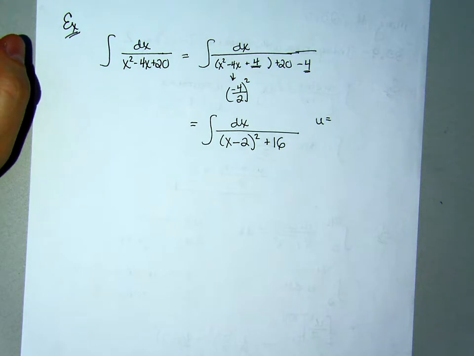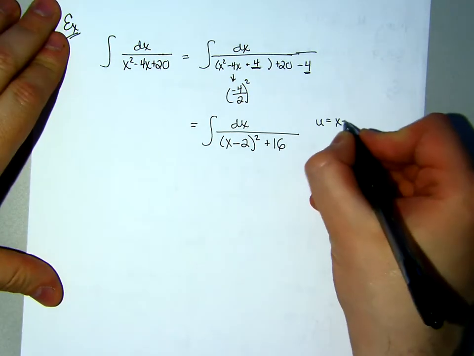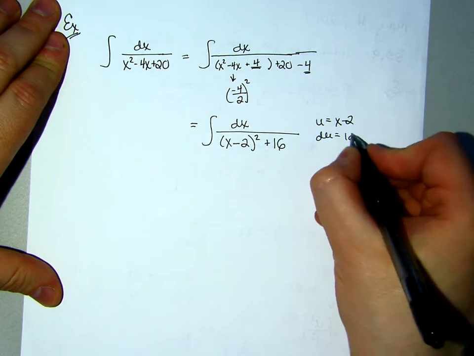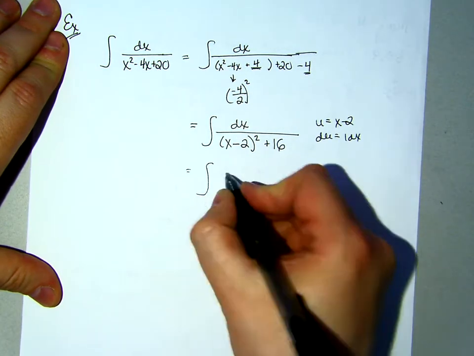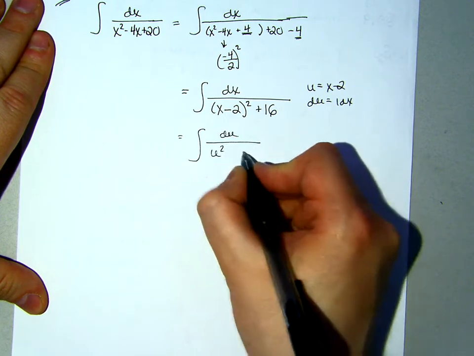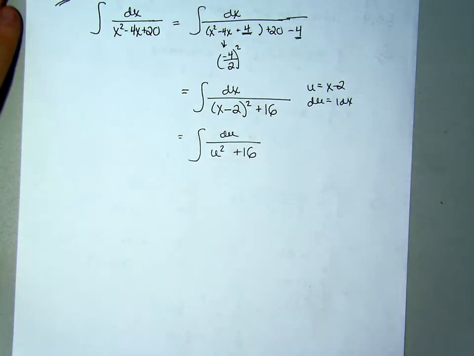Emily, what's your u? Of course, it's the variable thing that we're squaring. du? 1 dx. We can write this problem as the integral of du over u squared plus 16. Do I get a 1/4 out front?